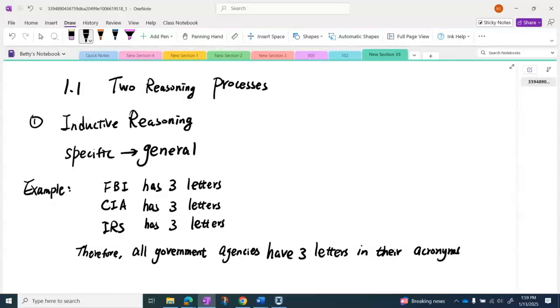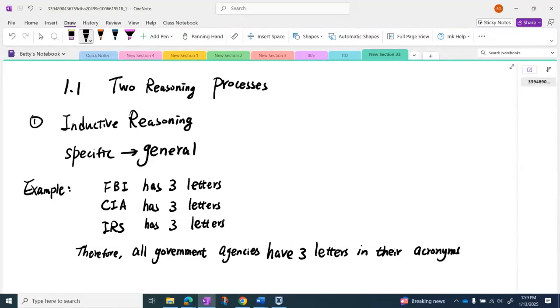All right, so as you can see, the reasoning process I use to draw this conclusion is inductive because it satisfies the definition. It is inductive because it goes from specific to general.